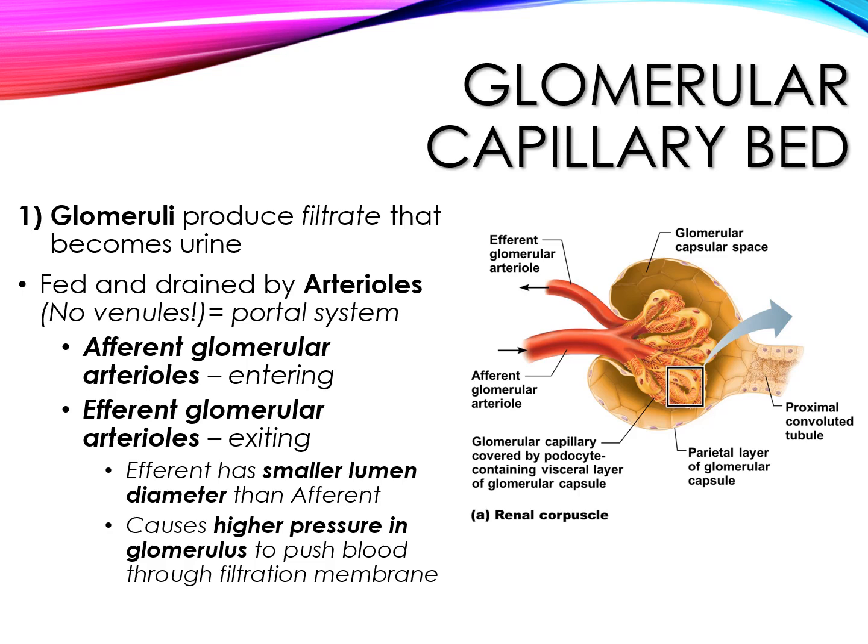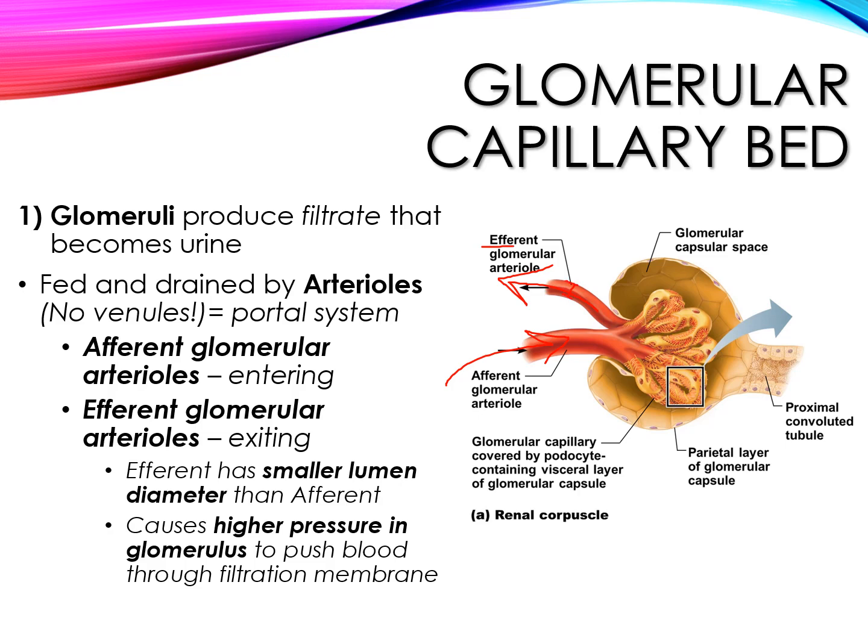So we've already talked a bit about our glomerular capillary bed and how we're creating a portal system with those arterioles. We don't have any venous blood. This is all arterial blood, but we are filtering all that blood to create that filtrate, which will eventually become urine.